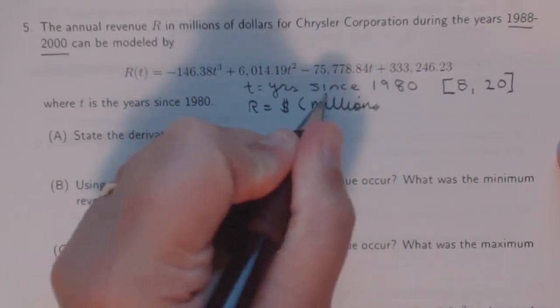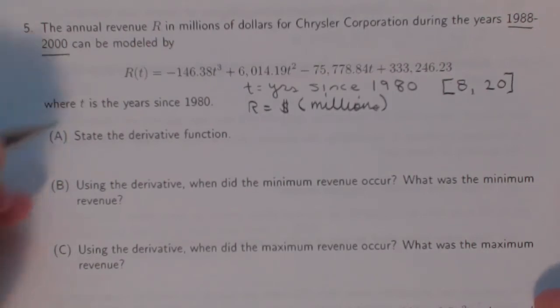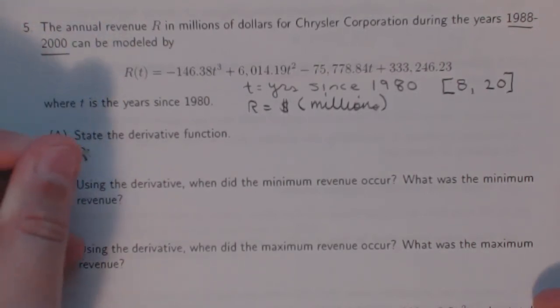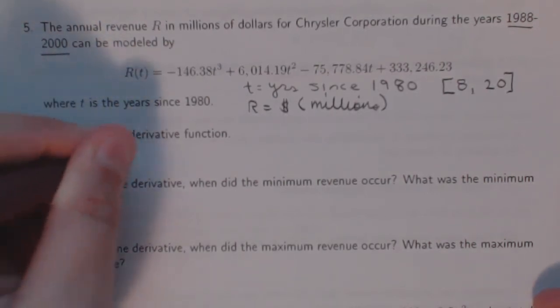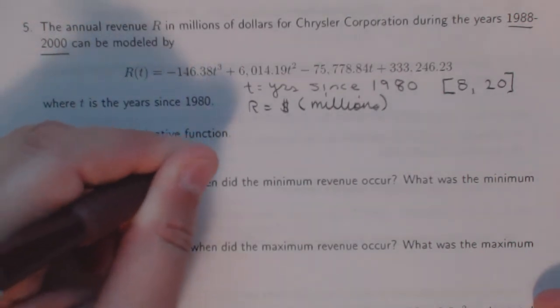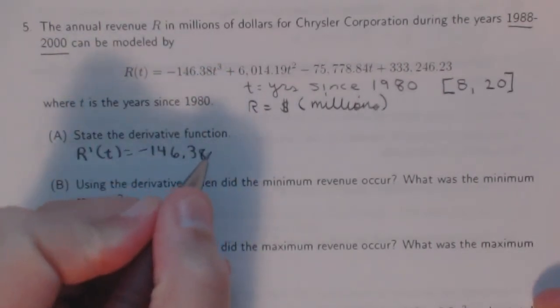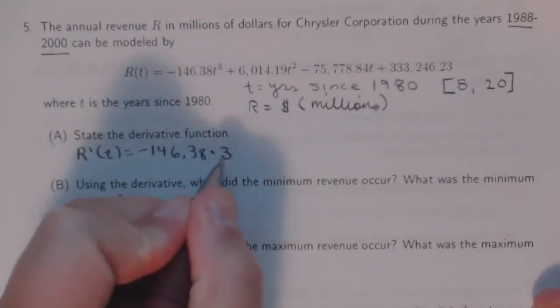Okay, so if we write that down, that increases our chances of getting the right units when it's time to interpret. And question A says state the derivative, so we'll just take the derivative of revenue. So that's negative 146.38, and then the derivative of t cubed is 3t squared.